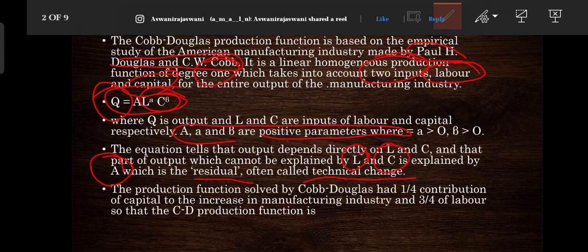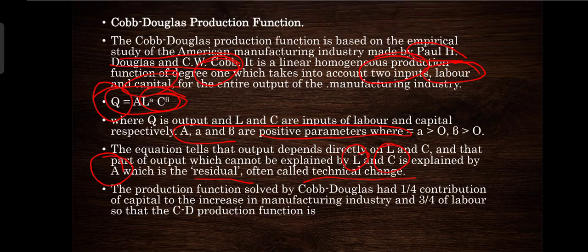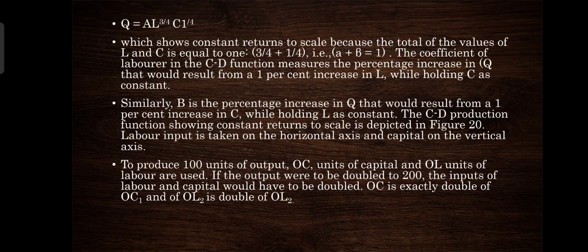Then, the production function solved by Cobb Douglas had a 1/4 contribution of capital to the increase in manufacturing industry and 3/4 of labor, so that the Cobb Douglas production function is represented as Q equal to A into L raised to 3 by 4 and C raised to 1 by 4.